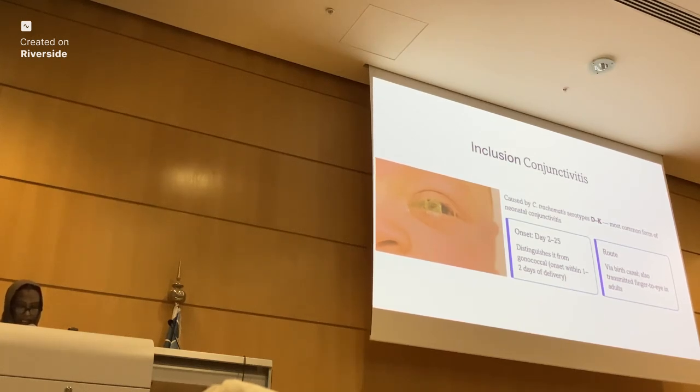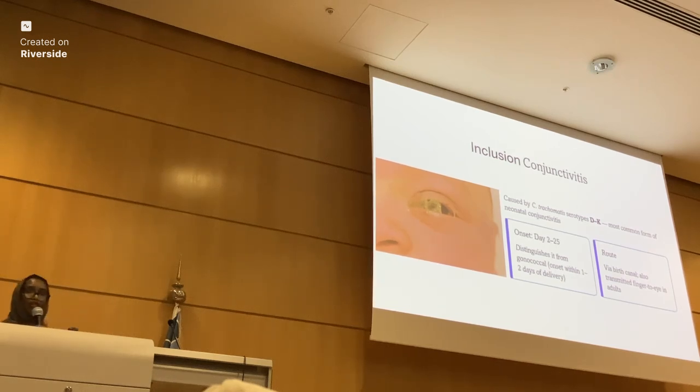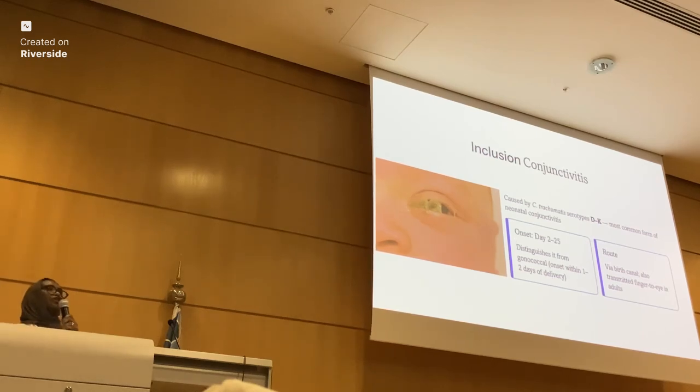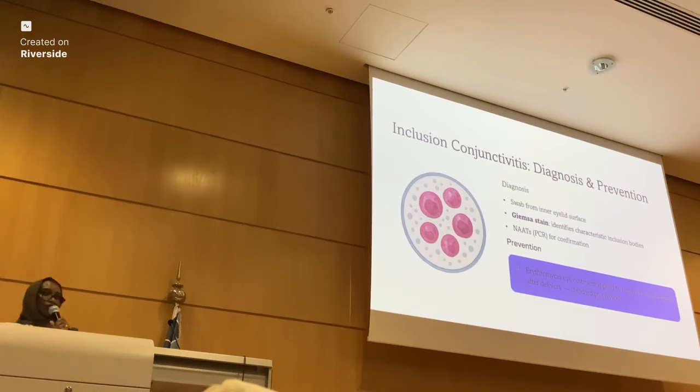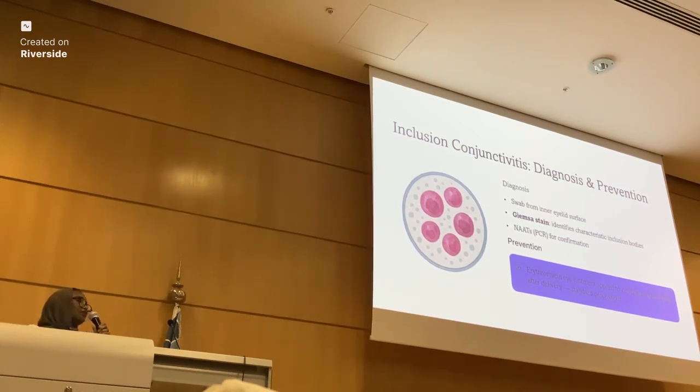What else would I like to mention? Both infections are very serious and very important, and you should be very careful when you go into the diagnosis of these two things. Inclusion conjunctivitis diagnosis and prevention: if you have this clear discharge, you take a swab and send it to the lab, and the swab will be from the inner eyelid surface.